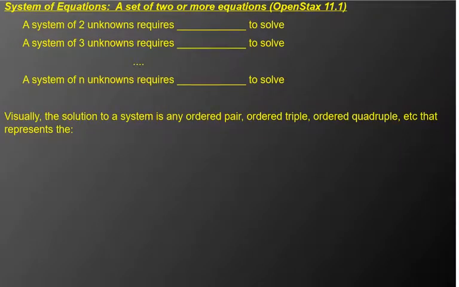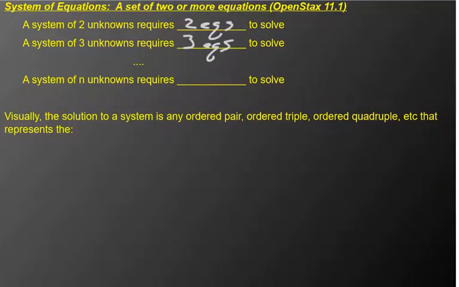A system of two unknowns requires two equations, that's what I was trying to say. And a system of three unknowns would require three equations. And this idea just continues and continues.